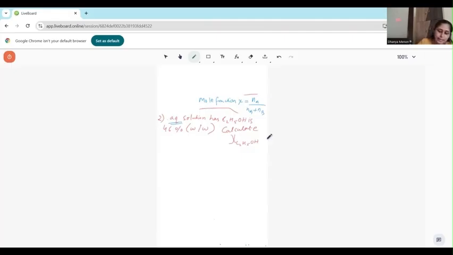But here they have not given you the mass directly. Instead, they have shown it in the form of weight by weight percentage. So 46% weight by weight means I have 46 gram of ethyl alcohol in 100 grams of solution, right?